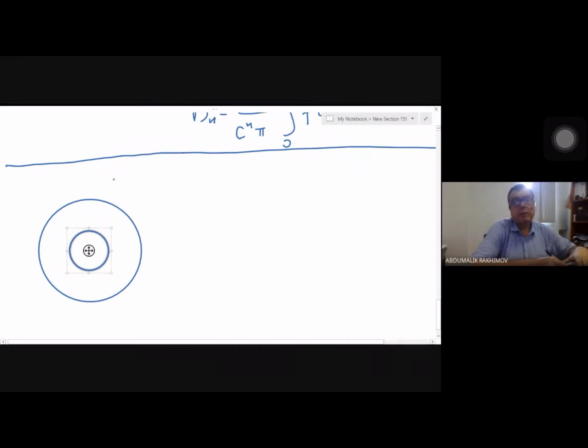So now our plate is a ring, not a circle, but a ring. Let's say this is the x-axis. Let's say the radius of the small circle is A and the radius of the big one is B.